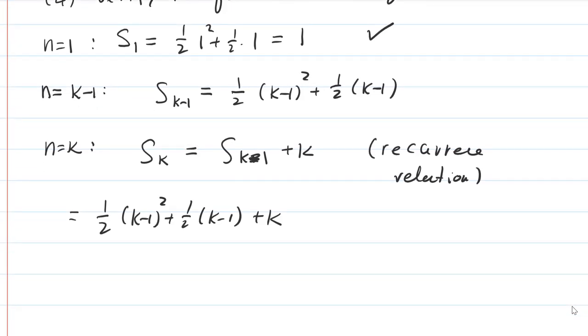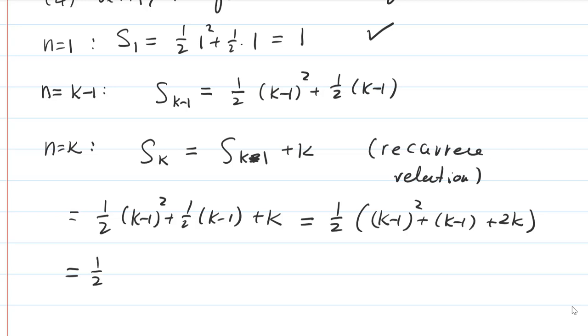Then it's verified. This is going to be 1/2 of (k minus 1) squared plus k minus 1. We factor 1/2 out so that we can simplify. Inside we have k squared minus 2k plus 1 plus k minus 1 plus 2k.